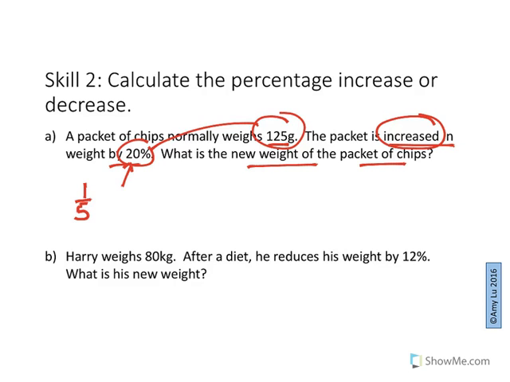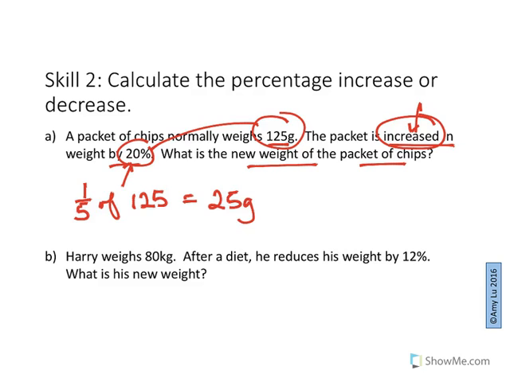Or you can do 125 times 20 divided by 100. But I'm going to go straight in with 1/5 of 125. And 1/5 of 125, I know, is going to be 25 grams.